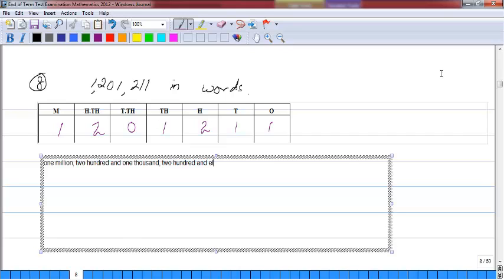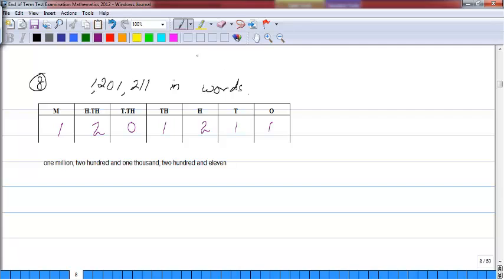So that would be putting it in words. So the one that best describes what we have here and correctly describes it would be C, option C, as 1,201,211. So for number 8, our answer is C.